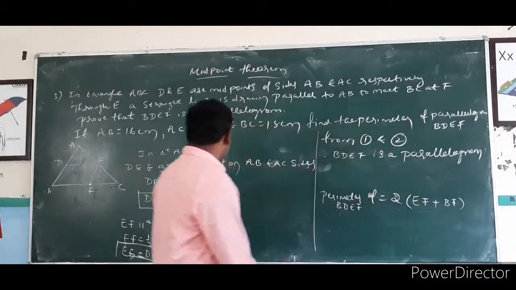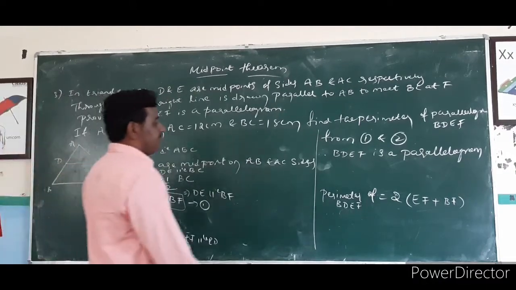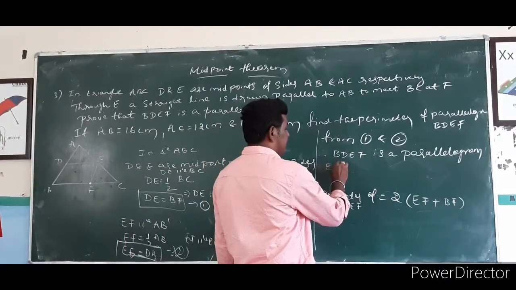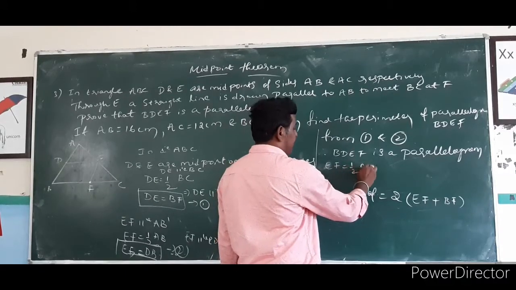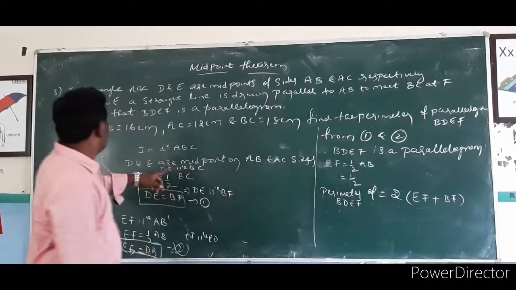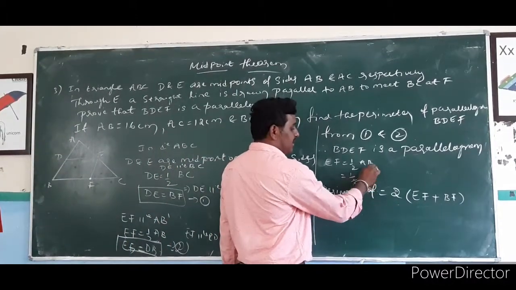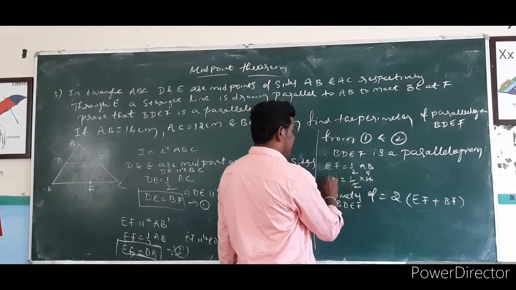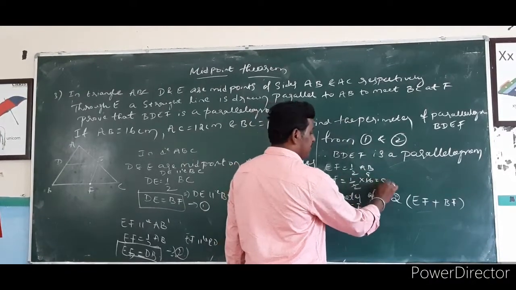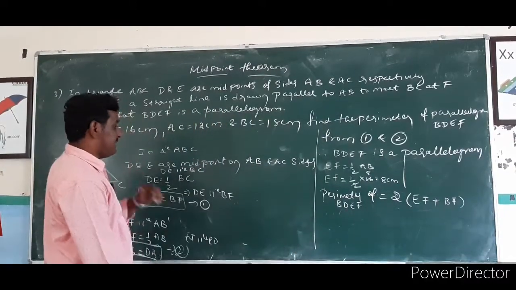We know EF is half of AB. AB length is given as 16, half of it is 8. So EF length is equal to 8 centimeters.